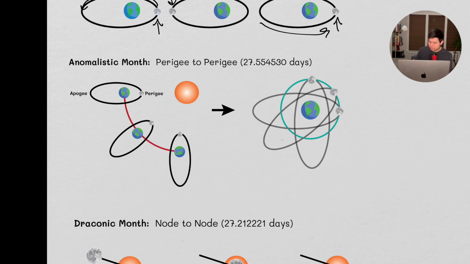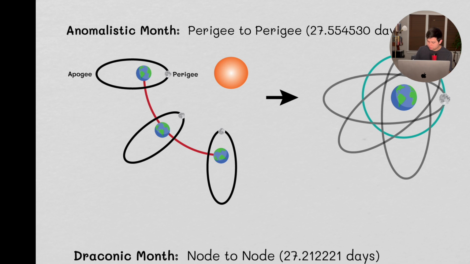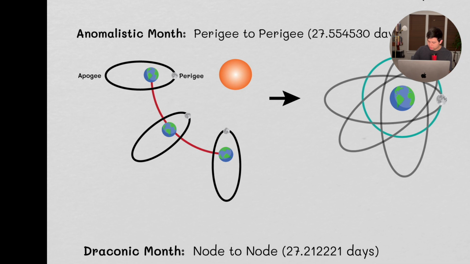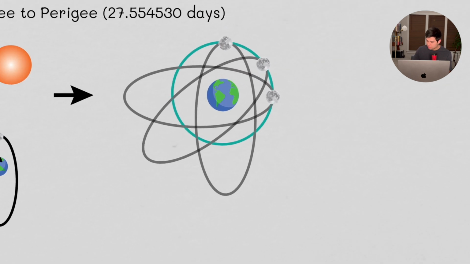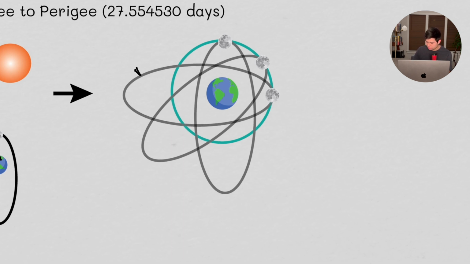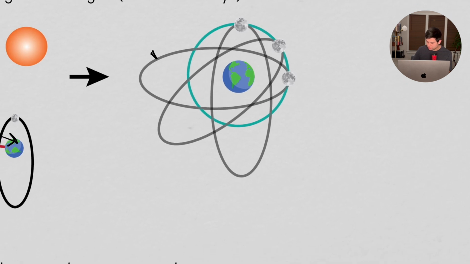And what happens is that as the Earth rotates around the Sun, the position of the perigee with respect to its initial position will change. So as you get this rotation of the Earth around the Sun, this is the position we started at, then we go to this position, then we go to this position.